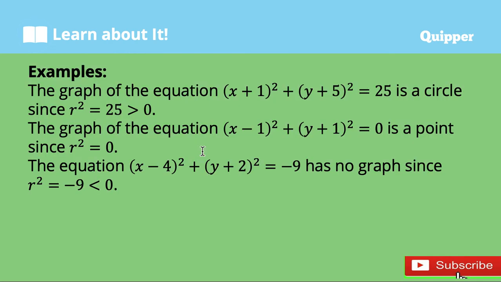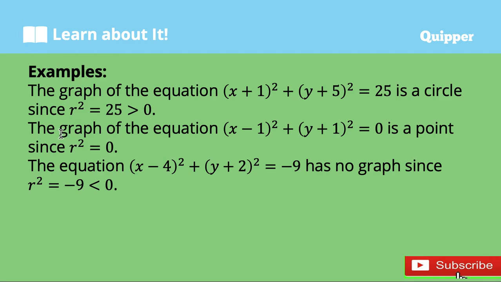For example, the graph of the equation (x + 1)² + (y + 5)² = 25. R squared there is 25. And since 25 is greater than 0, therefore, the graph of this equation is a circle.